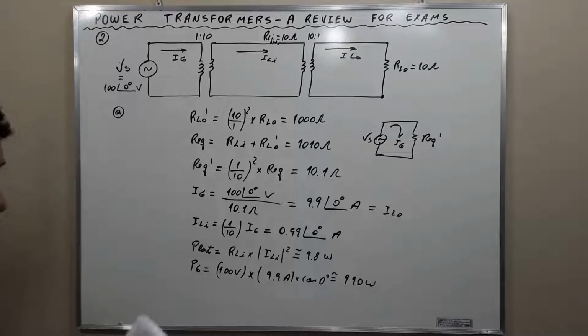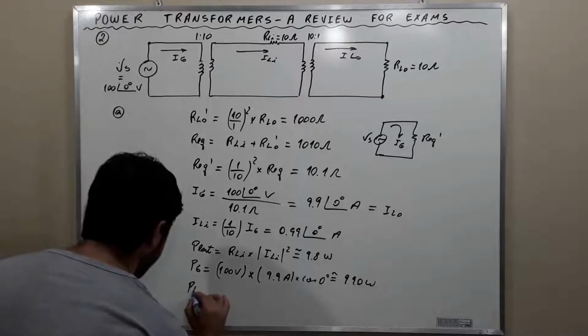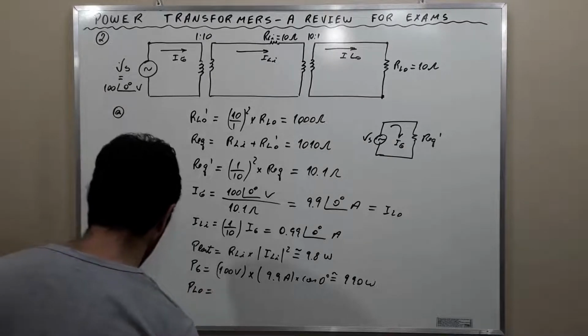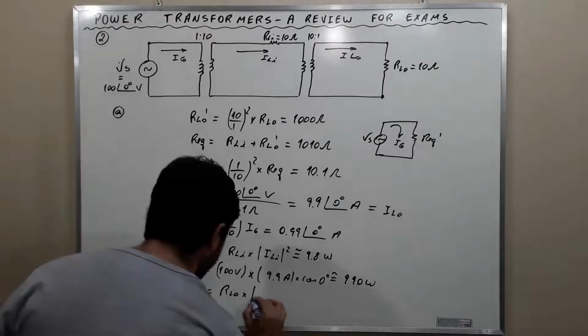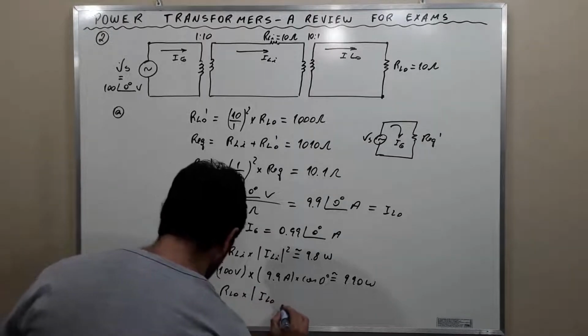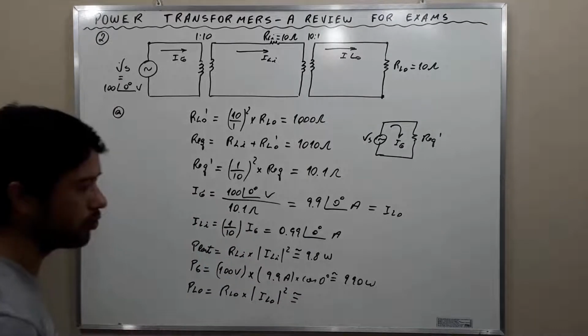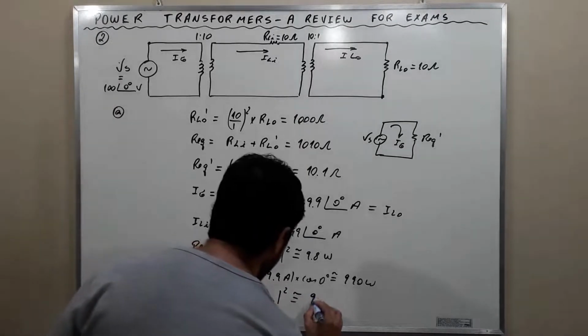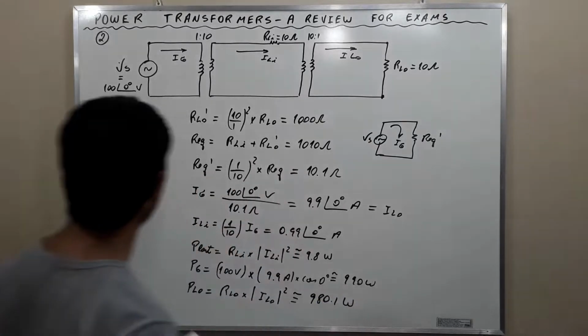We can calculate the power delivered to the load: R low times I low squared, which is approximately equal to 980.1 watts.